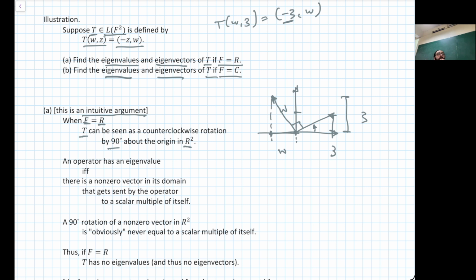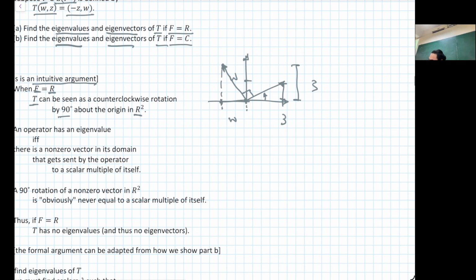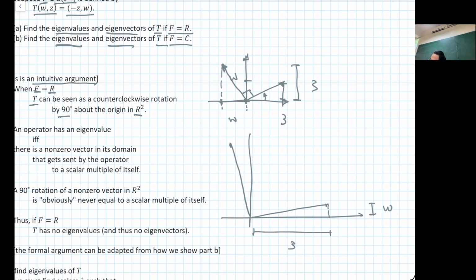Ask if something is not clear. That's the whole point. Okay, let me do it a bit more intuitively. Let me draw it a little bit better. So suppose this distance is z, and this height is w. If you rotate this vector by 90 degrees counterclockwise, it would look like this vector, correct?